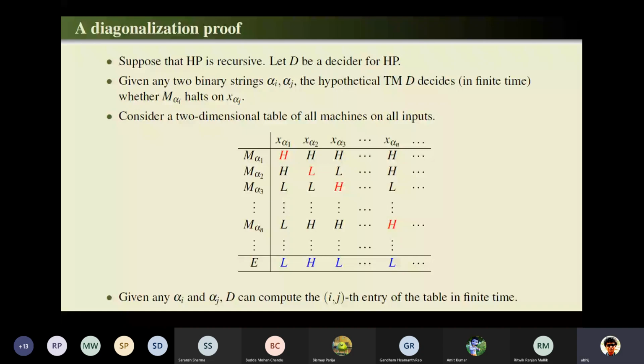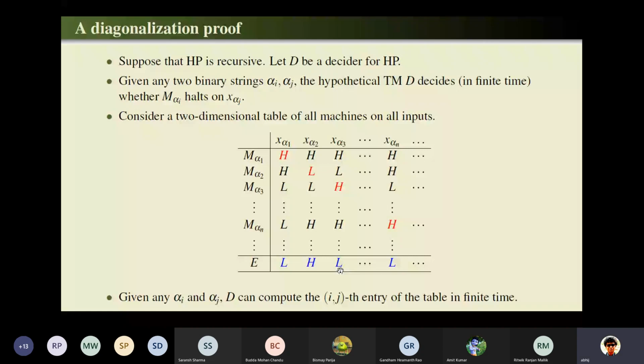This is an infinite listing. Now I look at the diagonal of this table. This is H, so I change it to L. If this is L, I change it to H. This is H, I change it to L. If this is H, I also change it to L.